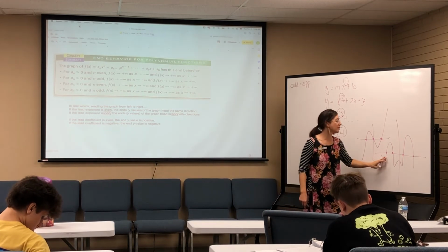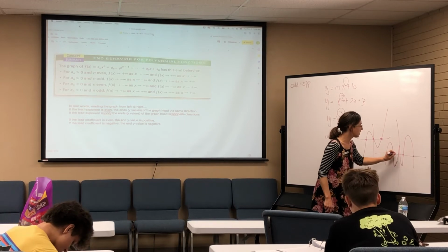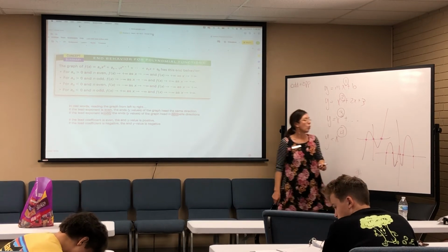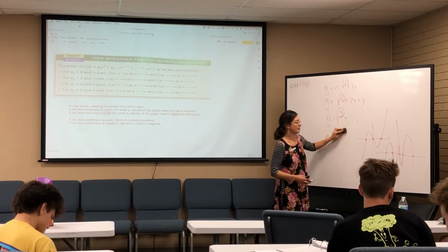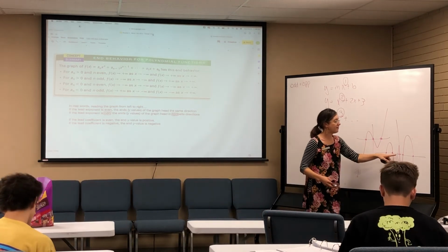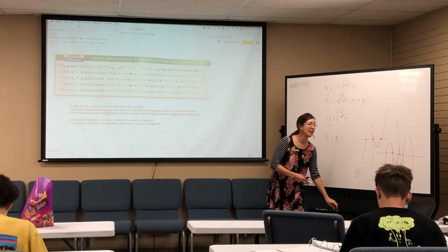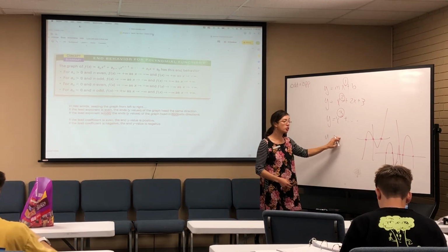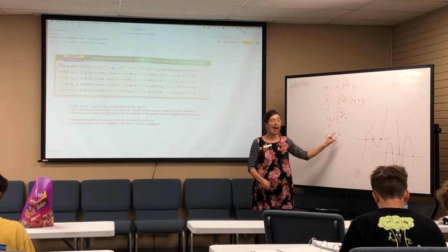So if I was given a graph that looked like this, what would my exponent have to be? If it crosses the x-axis 6 times, that means the smallest exponent would have to be 6.